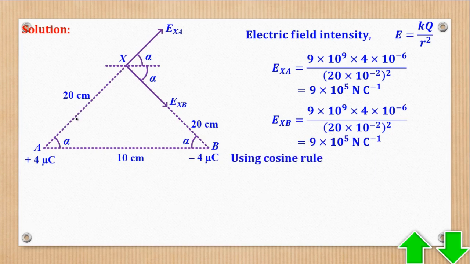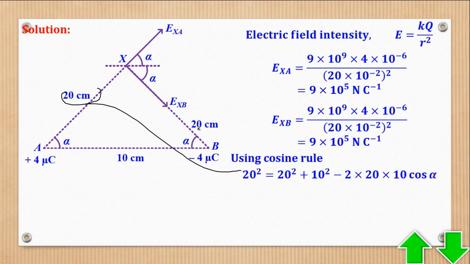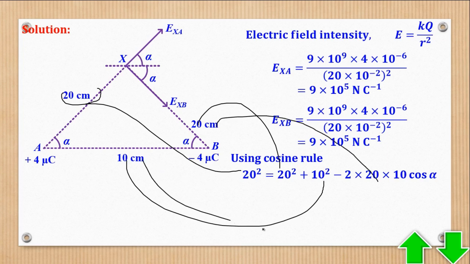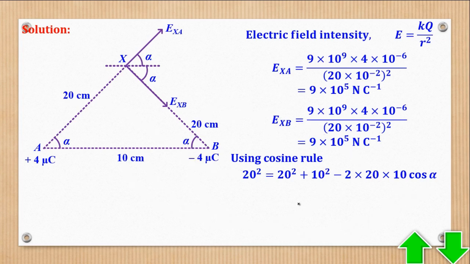So now by cosine rule, we shall again use this: 20 squared is equal to 20 squared plus 10 squared minus 2 times 20 times 10 cos alpha, which is this angle here. The next is to simplify until you get alpha the subject.